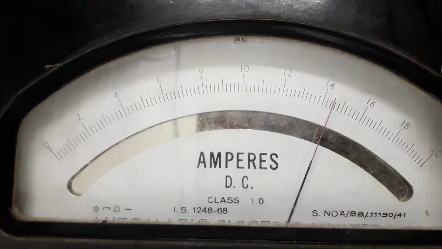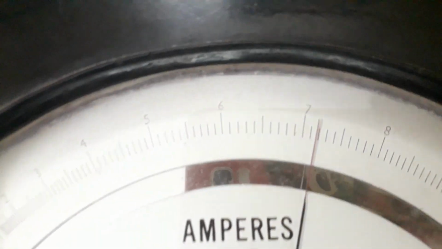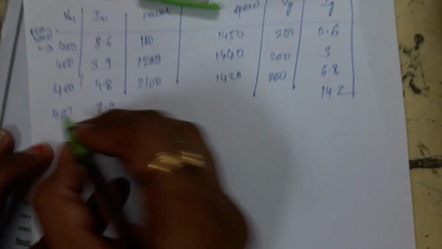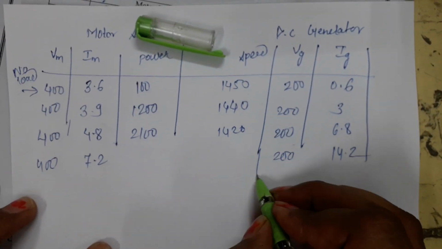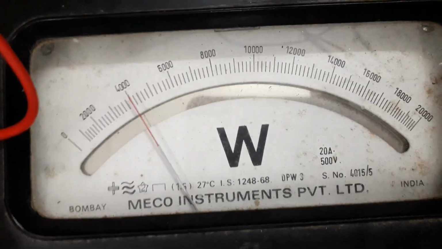So current is 14.2. DC generator current is 14.2 and here it is 7.2. This is 400, this is 200, constant. And the power is 4000. Let us see the speed.